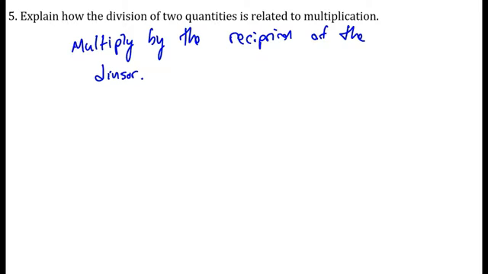That's the big idea for dividing two quantities. If I want to do a divided by b, that's really a multiplied by the reciprocal of the divisor, a times 1 over b. So that's a huge idea: when I divide, I want to multiply by the reciprocal.